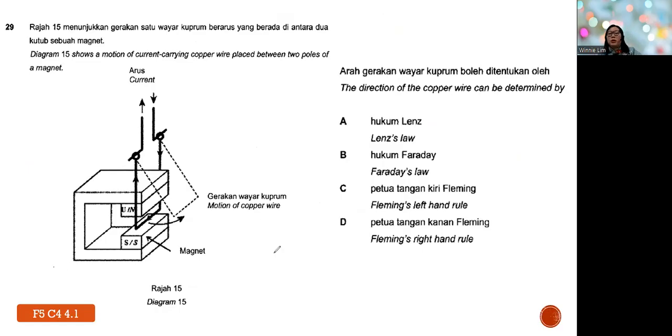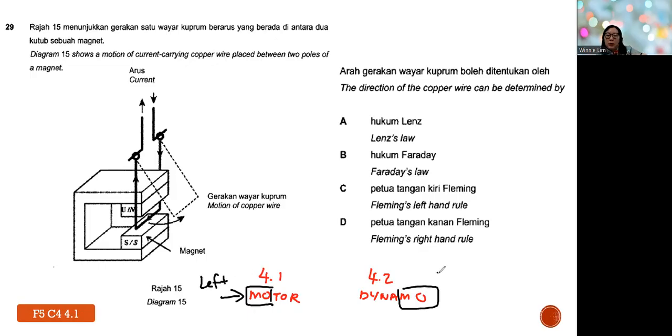And I always tell students 4.1 and 4.2 are opposite ideas. In 4.1, I use the application as the example, so it's more on the motor, but 4.2 is on the dynamo or generator. Why do I use this? Because you look at the location of this more, then you will know when you use your Fleming rules, which hand, left hand or right hand.